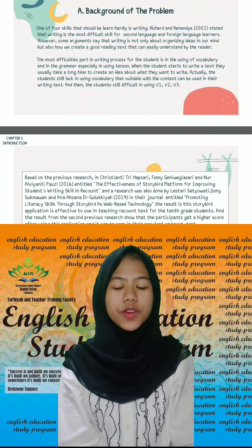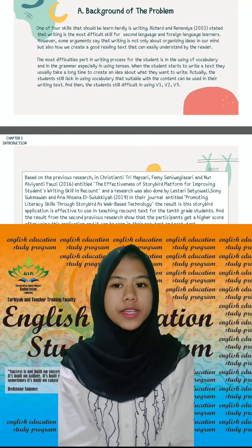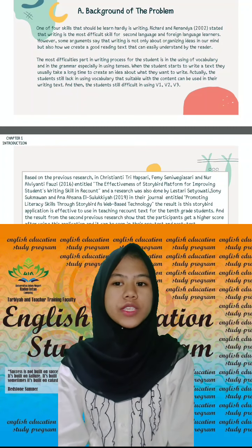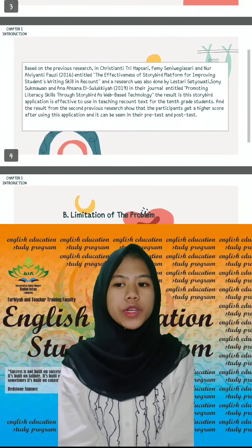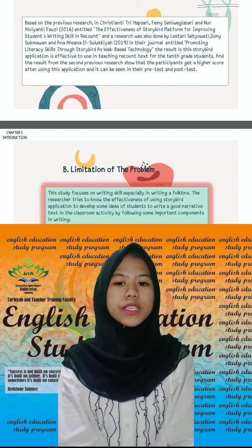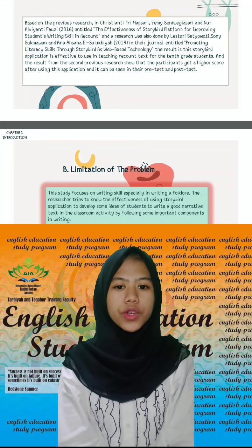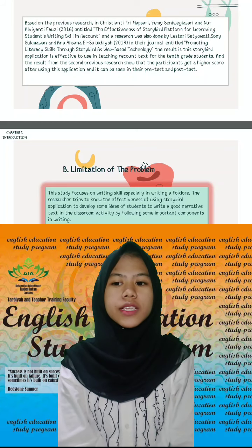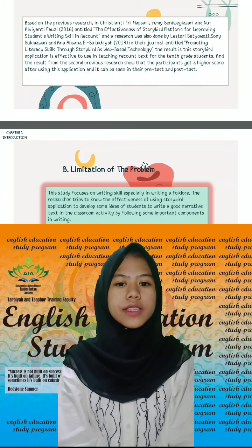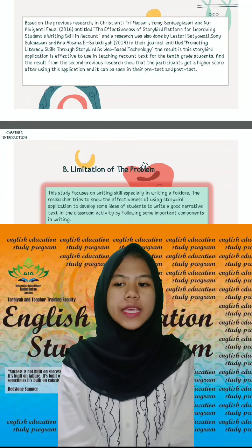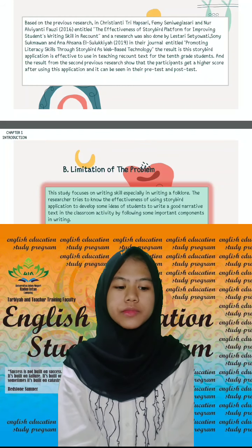Based on previous research, a research was also done by Lestari Setiawati, Sony Sukmawan, and Anna Ahsana in the journal entitled Promoting Literacy Skills Through Storybird as Web-Based Technology for Language Education Lecture, and the students who joined the writing class in STKIP PGRI Pasuruan. The results show that the participants can get a higher score after using the application, and it can be seen from the result of the pre-test and also post-test.